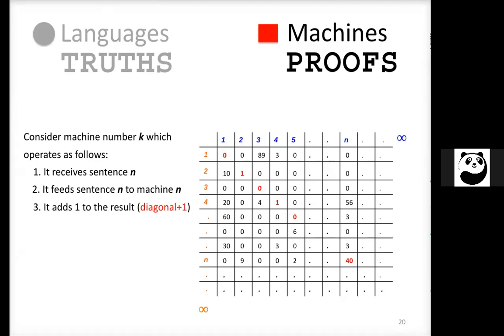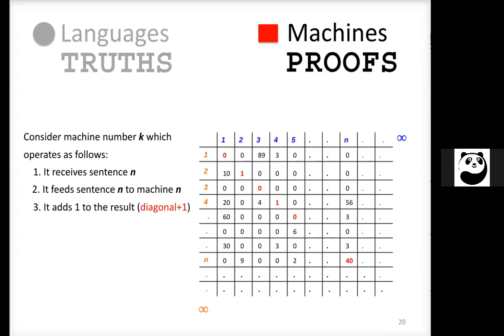Now, for probably the vast majority or all of the machines, when we feed their own description into them, the result is probably meaningless. It doesn't mean anything. But we don't care about that. We're just talking in abstract terms here.